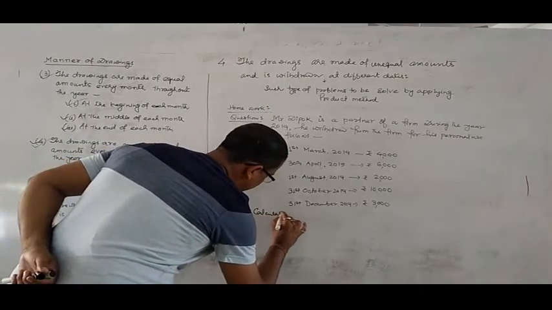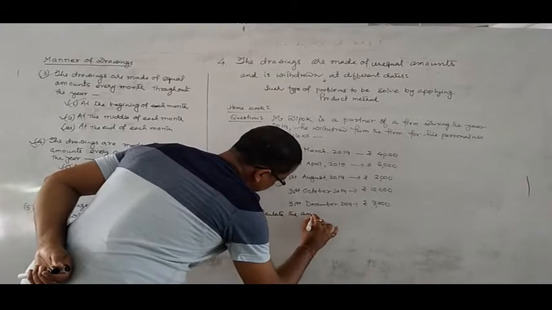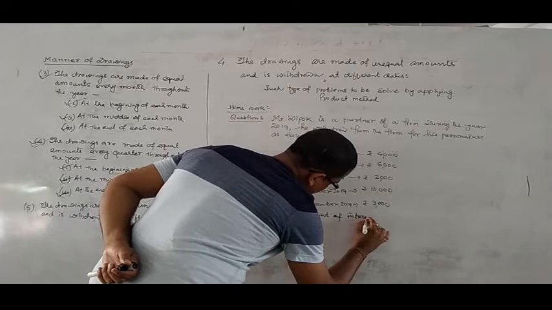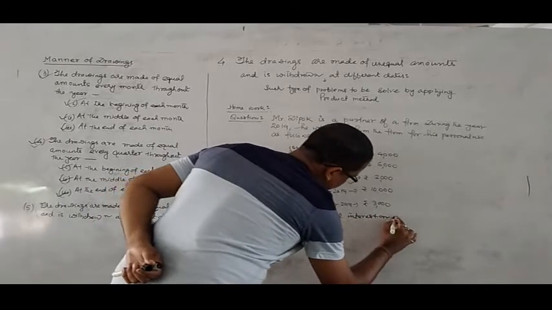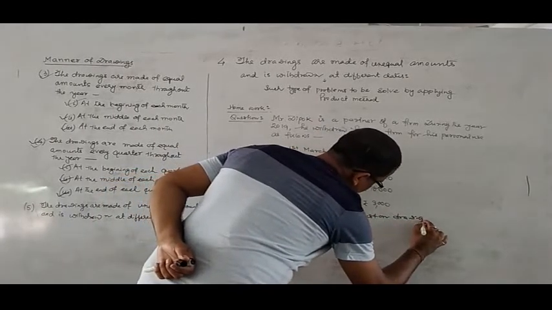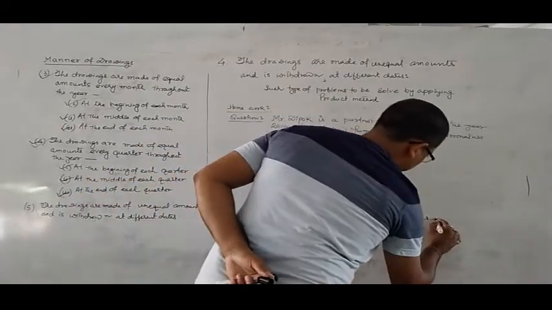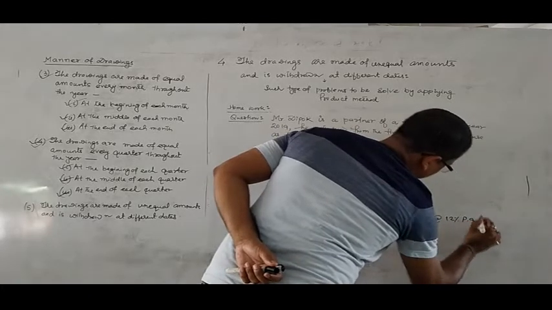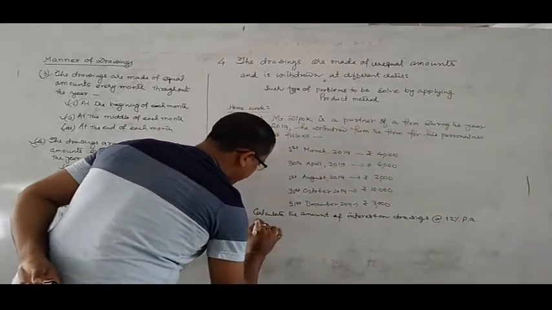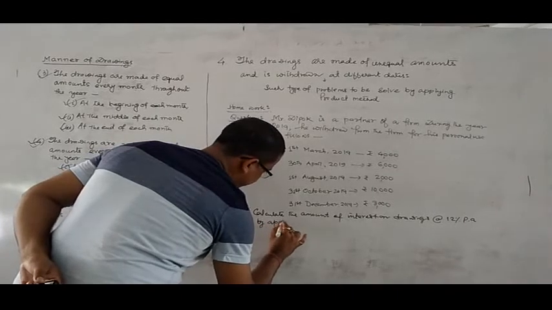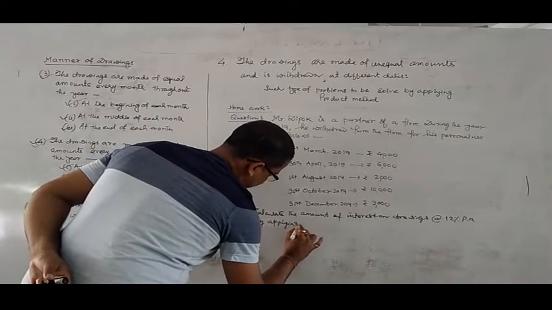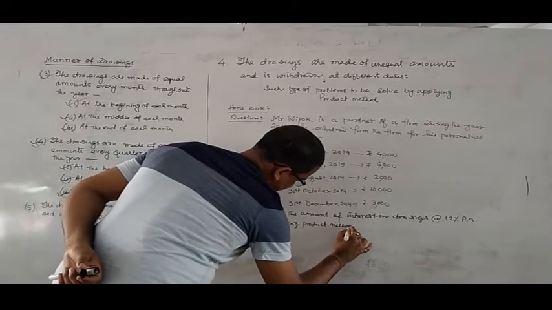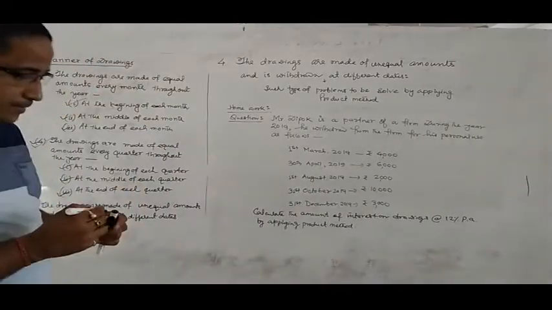Calculate the amount of interest on drawings at the rate of 12% per annum under the product method.